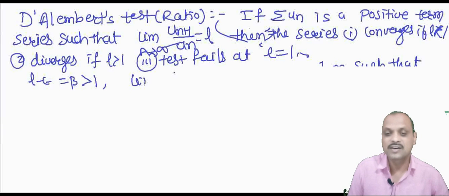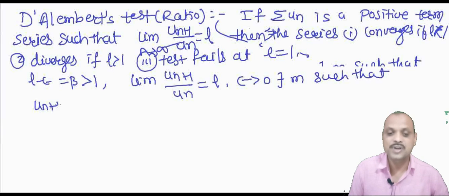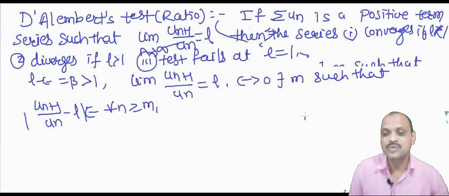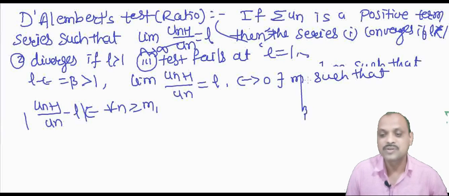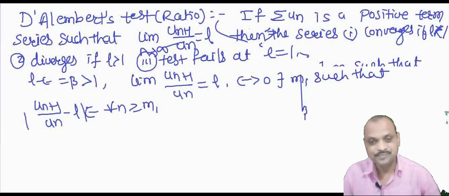Again here the limit of u_(n+1) divided by u_n is equal to L. So for epsilon greater than 0 there exists a positive integer such that the modulus of u_(n+1) divided by u_n minus L is less than epsilon for all n greater than or equal to, for our convenience, a different term m1.